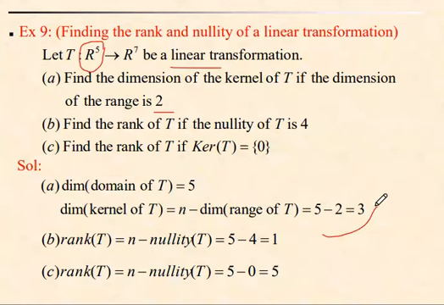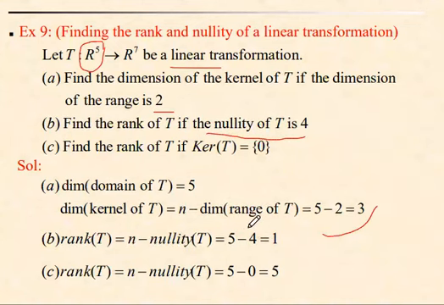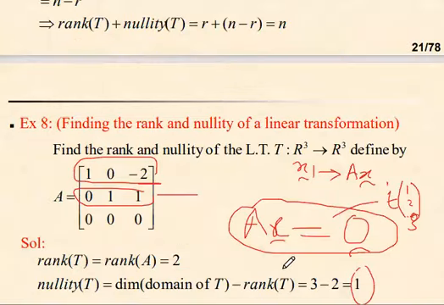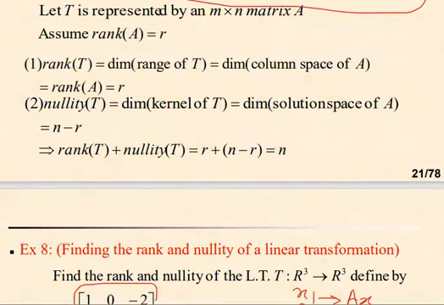So the rank is 5 minus nullity 3. Second one: find the rank of T if the nullity of T is 4. Yeah, we can do that. All right, I hope you understood this part, right?